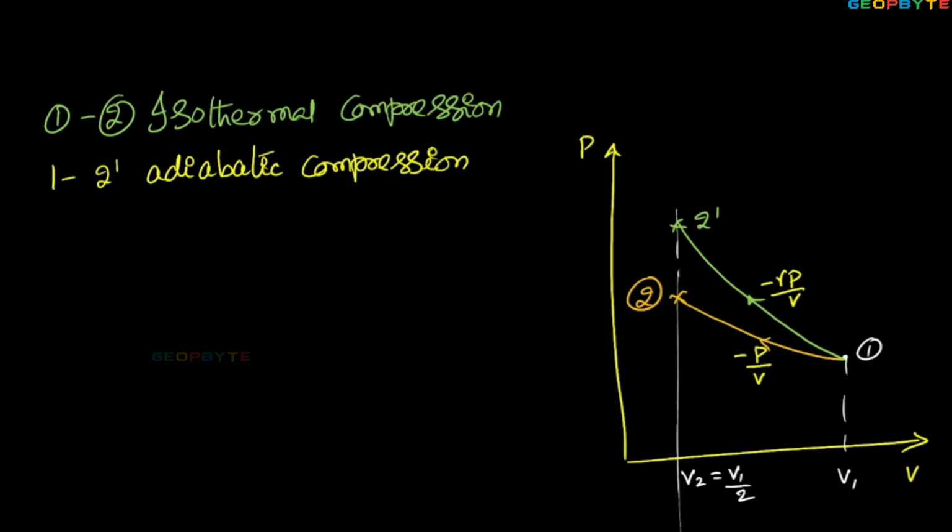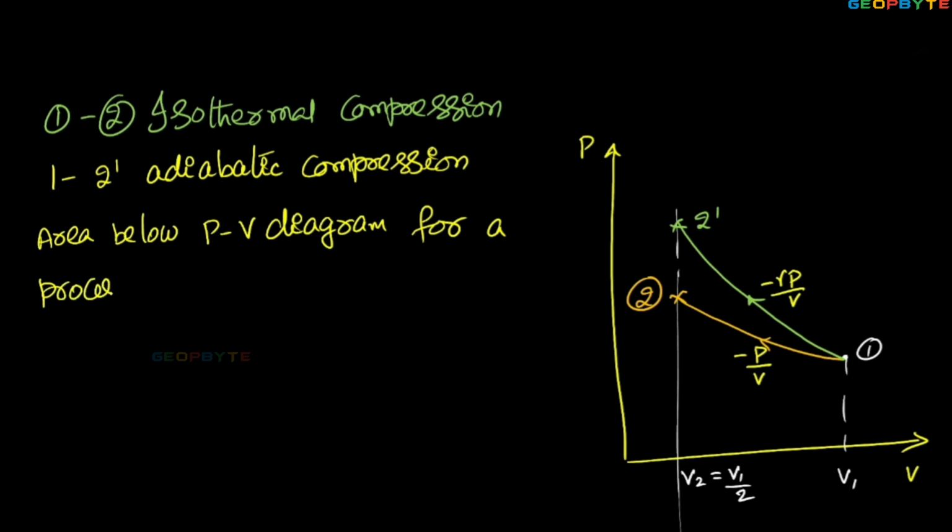Now, as you know, the area below the PV diagram for a process represents thermodynamic work.